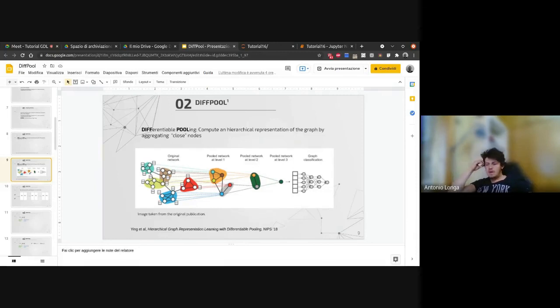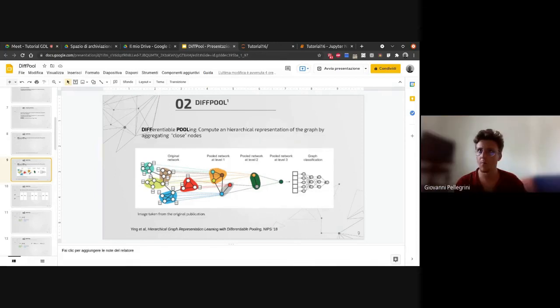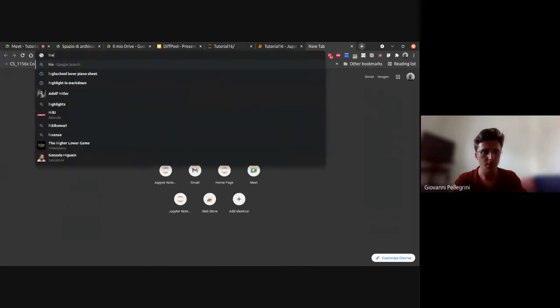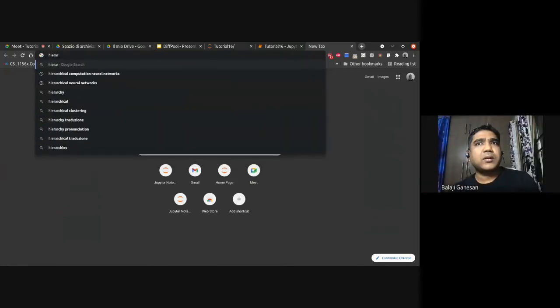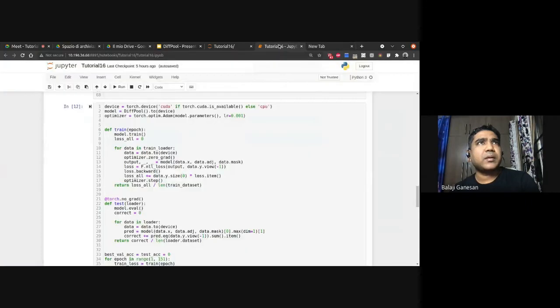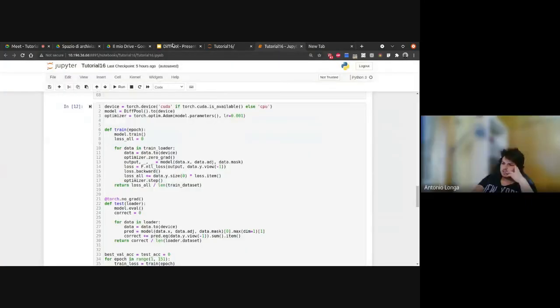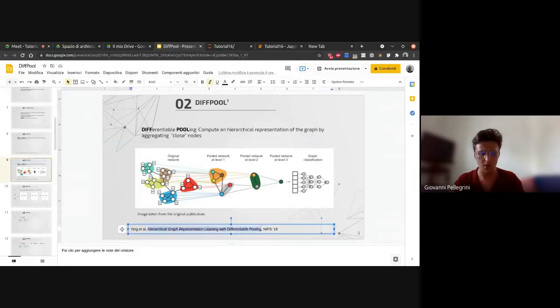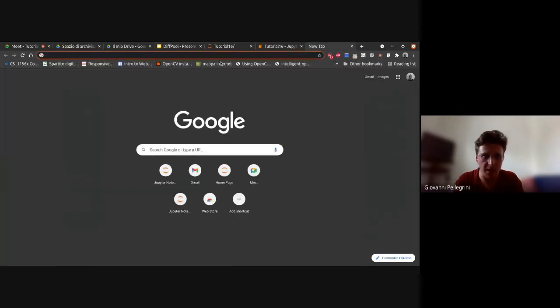Just a curiosity: in the paper, which kind of dataset did they use for their evaluation? I actually don't remember. Let's have a look. In the notebook, you had some protein, so maybe it is the PPI dataset? Well, actually, I don't really know if it's just a placeholder.